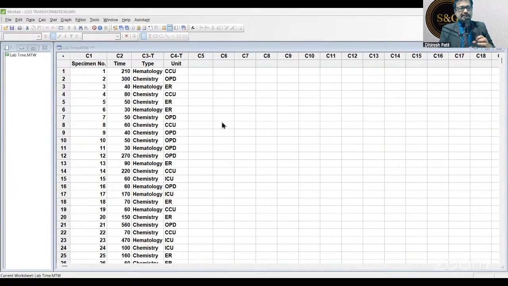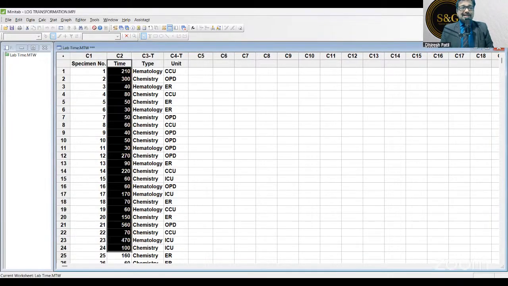Is any other person facing a challenge in this? Yeah, please confirm that. Very good, Bhaskar ji. If we select unit in subgroup size, in subgroup size you can either select specimen number, don't select unit.